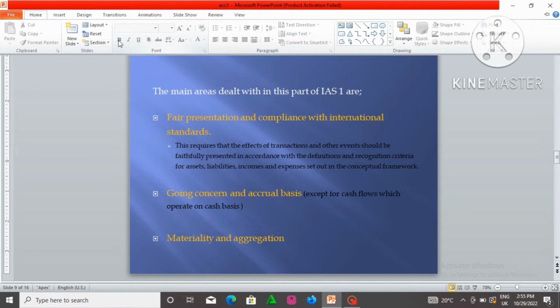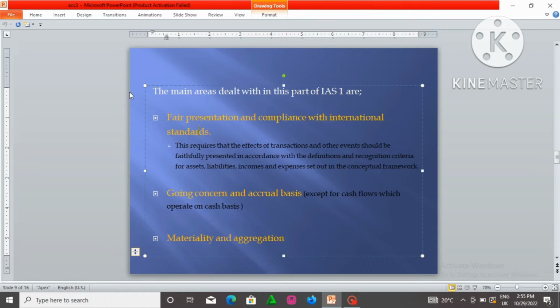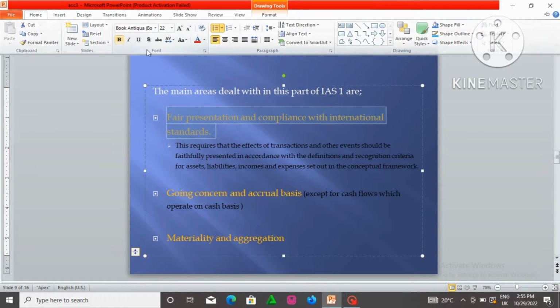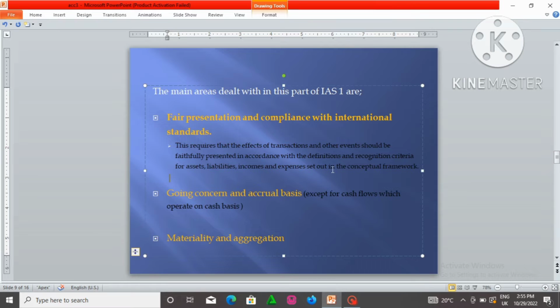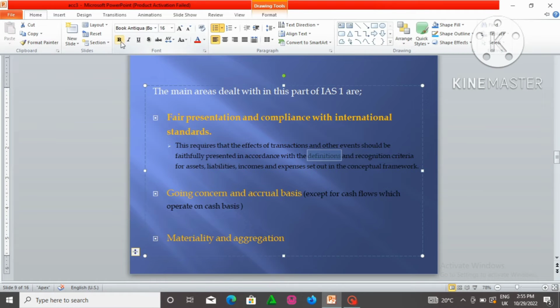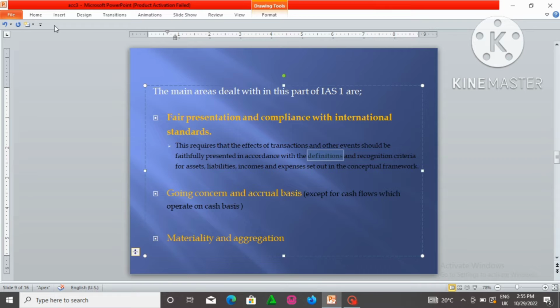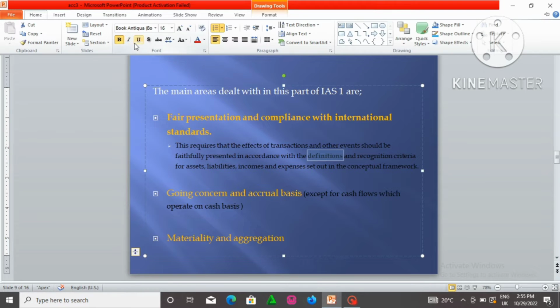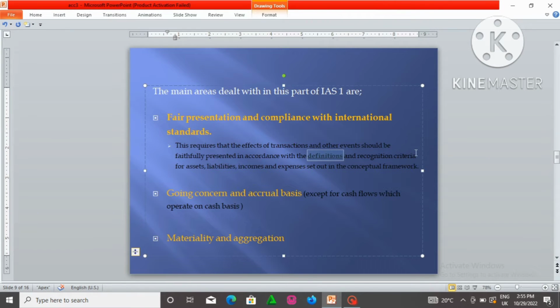So this calls for fair presentation. This requires the entity's effects of transactions and other events to be faithfully presented in accordance with the definitions and recognition criteria for assets, liabilities, incomes, and expenses set out in the conceptual framework.